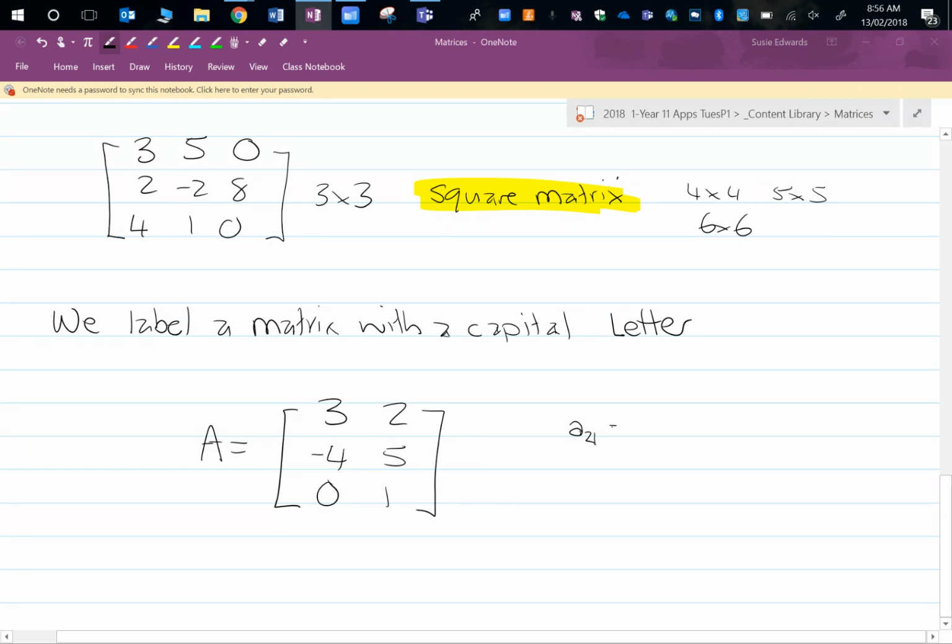We'd look at that and go, that is -4. What would a 3,2 be? 1.